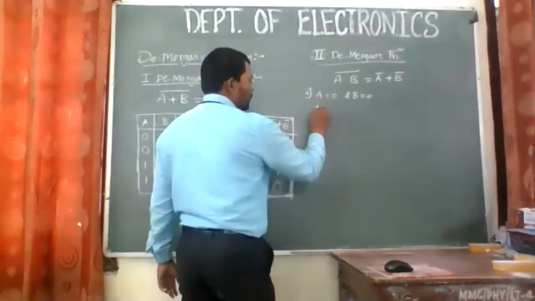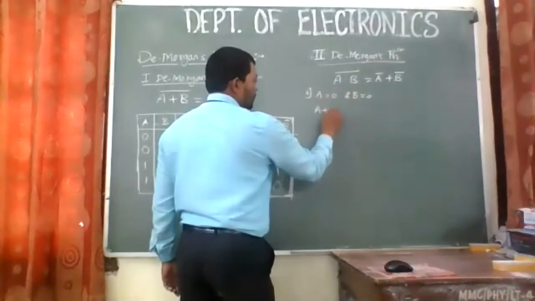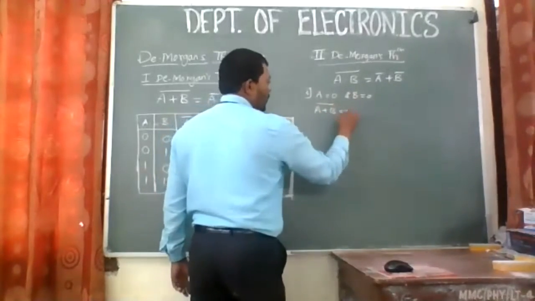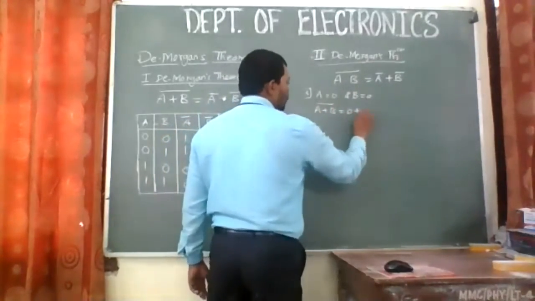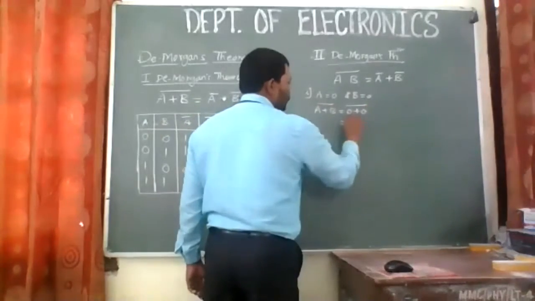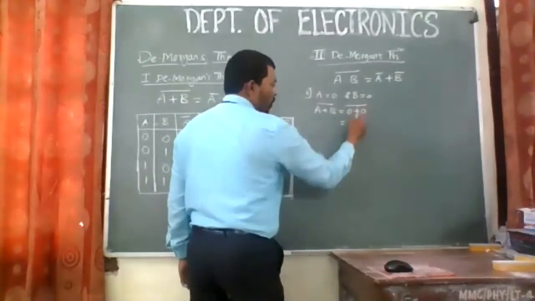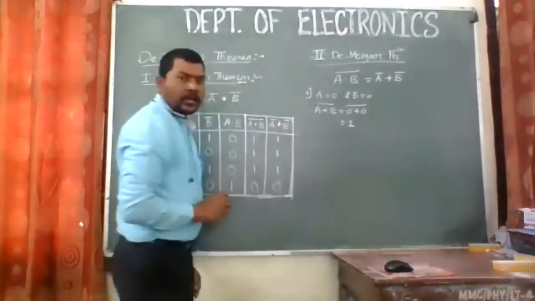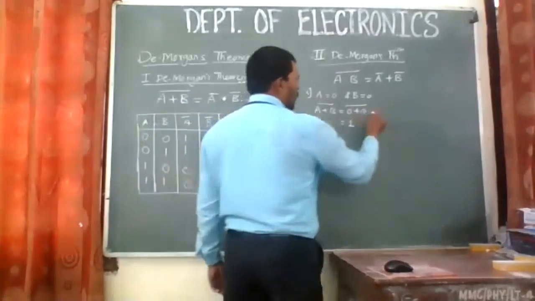So we have (A plus B) bar. Both are 0, so (0 plus 0) complement. 0 plus 0 will be 0 and the complement of that will be 1, right? This is the left hand side.